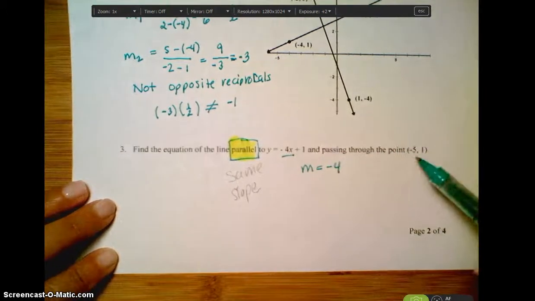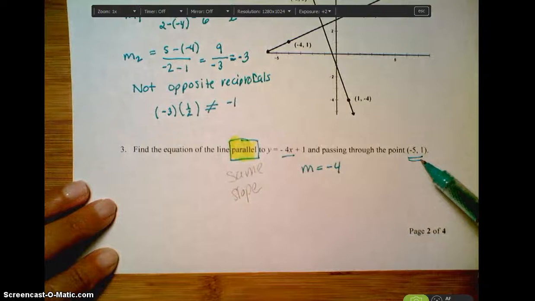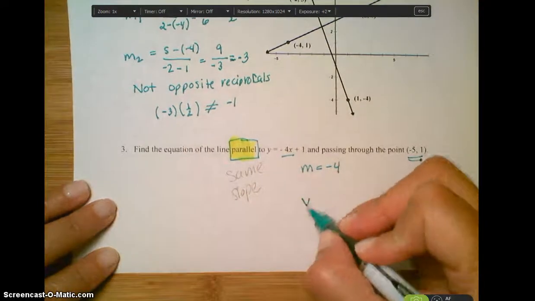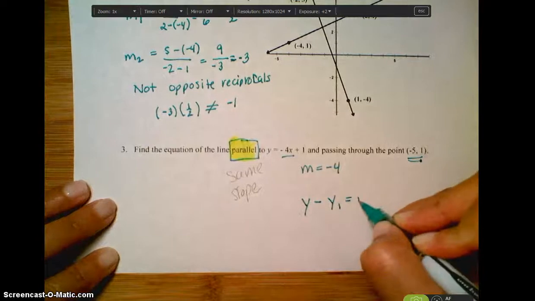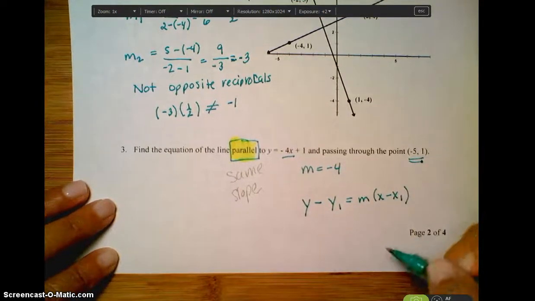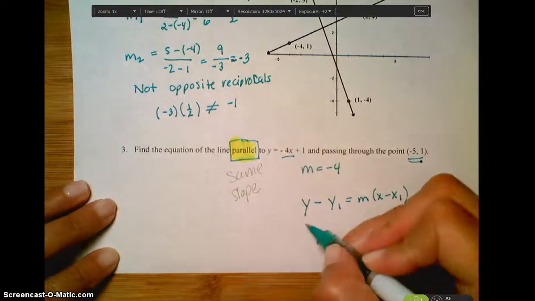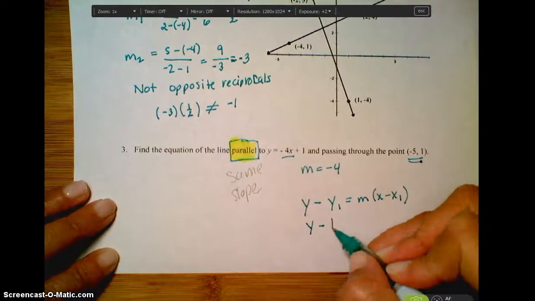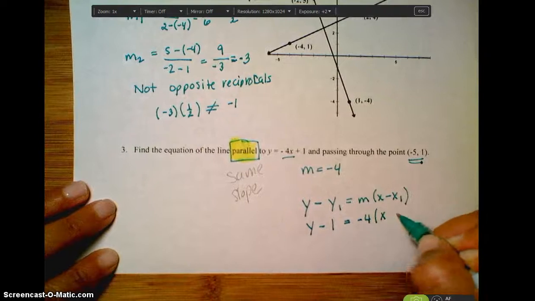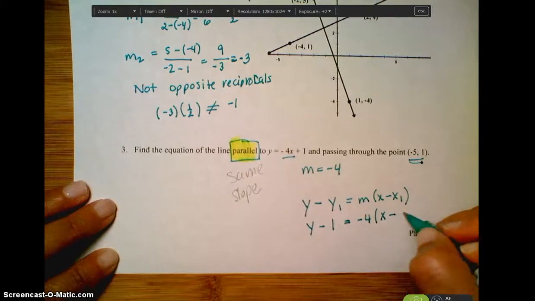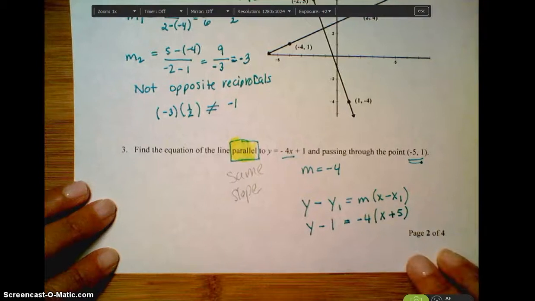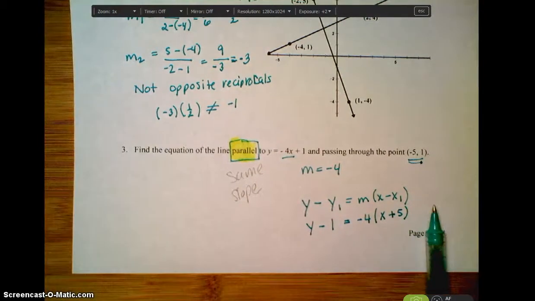Since I have a point the line passes through, I'm going to write the equation in the easiest form possible, which is point slope, as you recall, looks like this. Then we plug in that point, which would be a 1 for the y, a slope of -4, and minus a -5, which is +5 to finish this off. Okay, we're moving on to page 3.